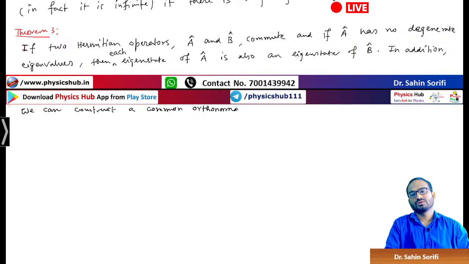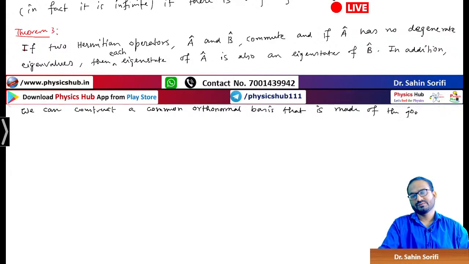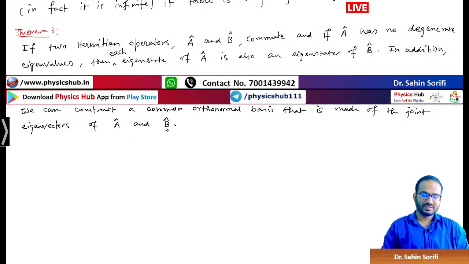Look, orthogonal and orthonormal are two different things. Orthonormal means orthogonal as well as normalized. We can construct a common orthonormal basis that is made of the joint eigenvectors of A and B. So this is the third theorem, quite interesting.